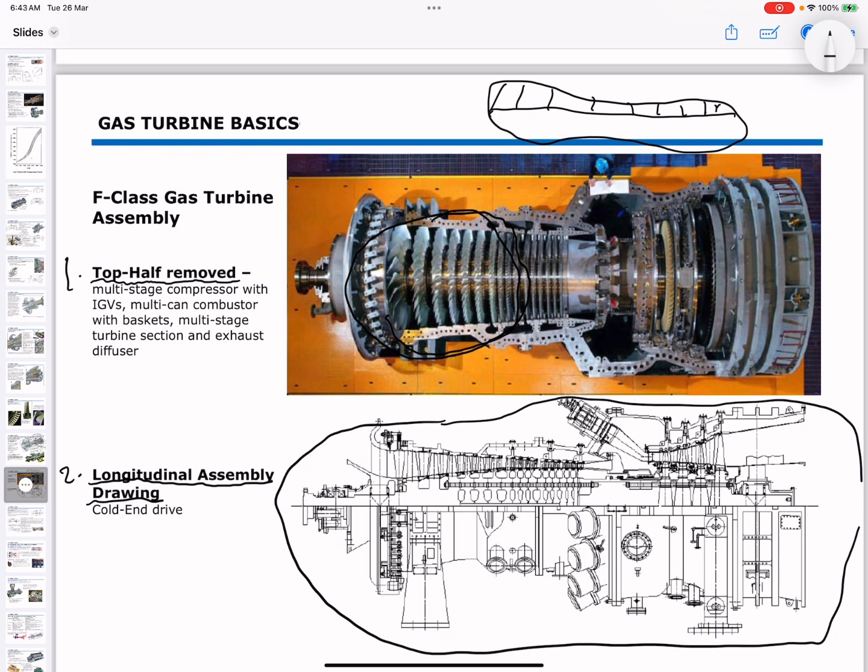Additionally, the bottom part of the image shows the exhaust diffuser that distributes gases after exiting the turbine.